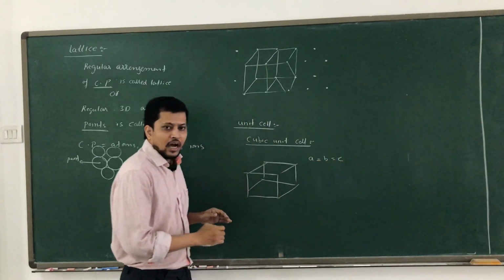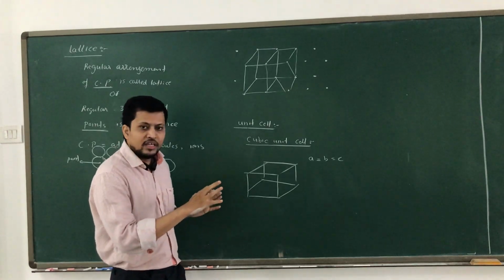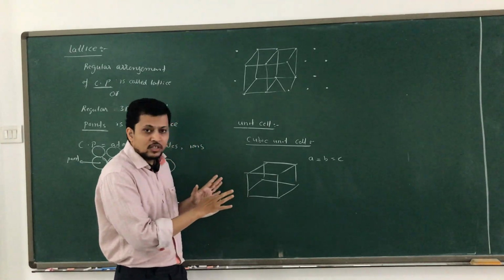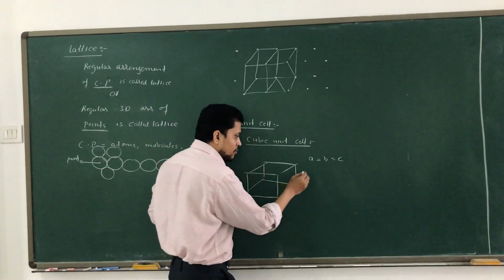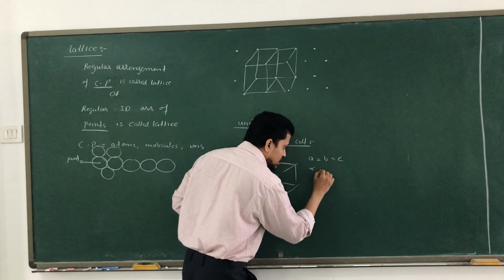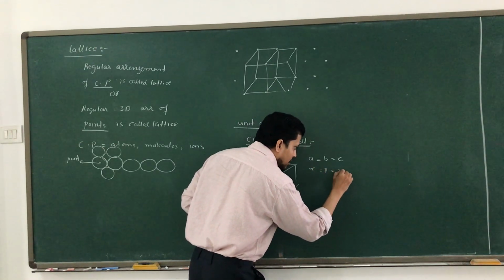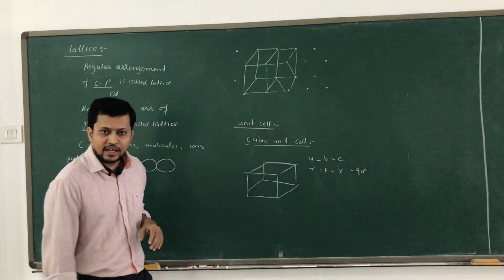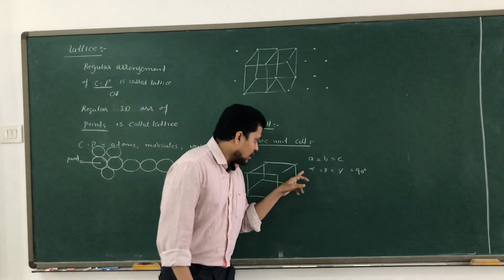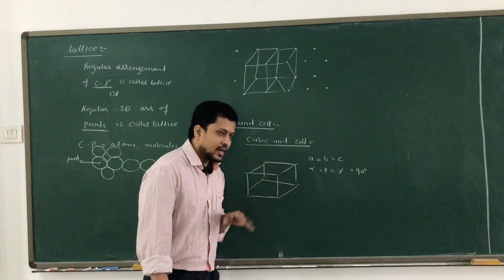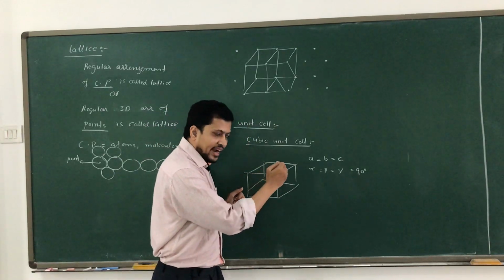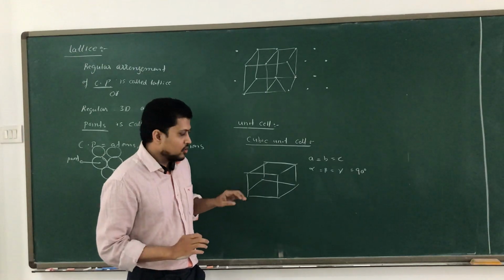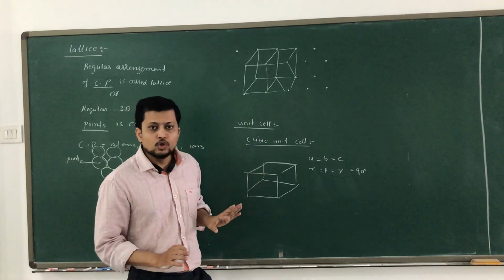Height, length and width are going to be equal, and alpha equals beta equals gamma equals 90 degrees. So all the sides make a 90 degree angle. That is what we call the cubic unit cell.